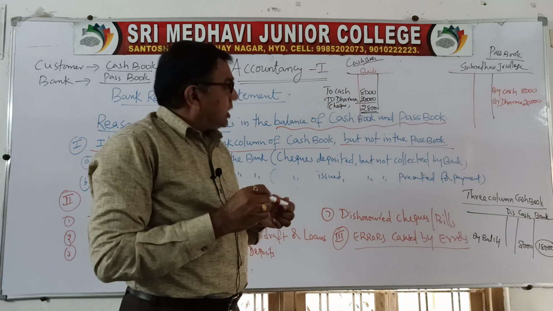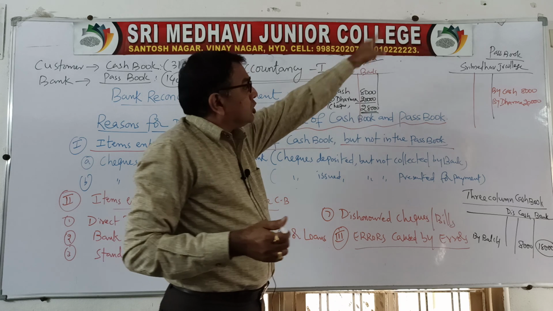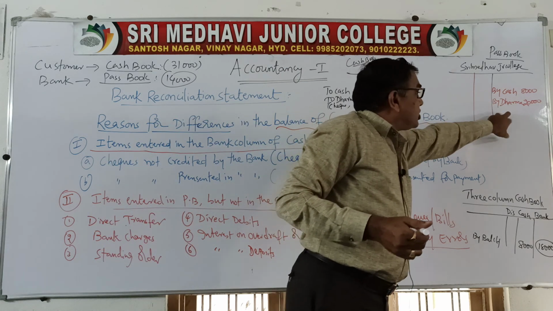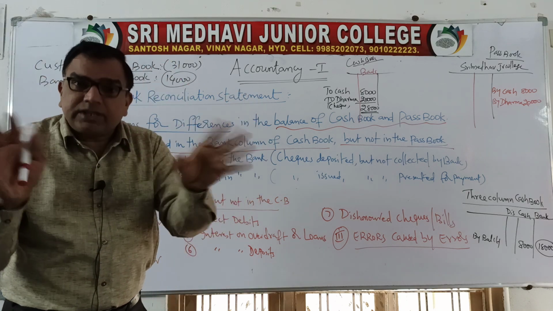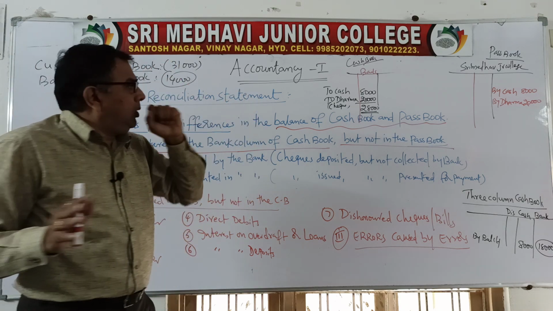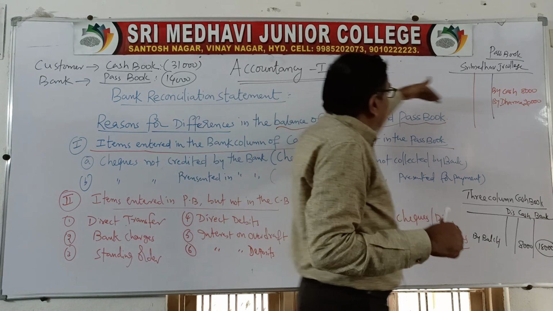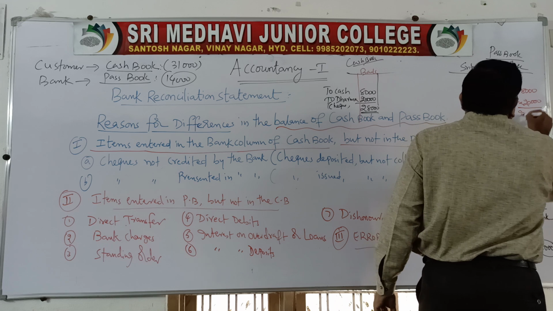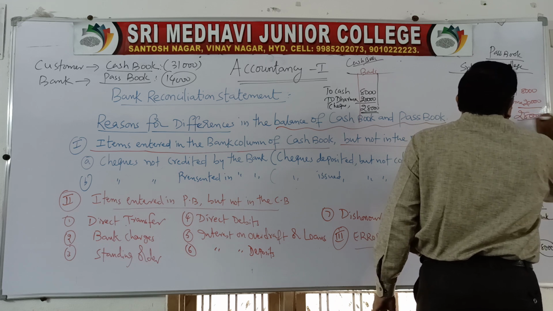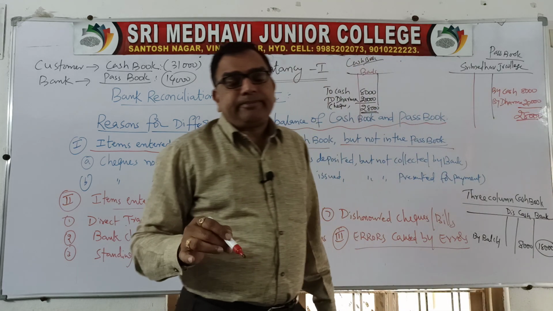Whatever we have posted on the debit side of the cash book should appear on the credit side of the passbook. When both are the same, the balance will be the same, no problem. The cash book will show 28,000 and the passbook will also show 28,000. In such a case, we don't require BRS.